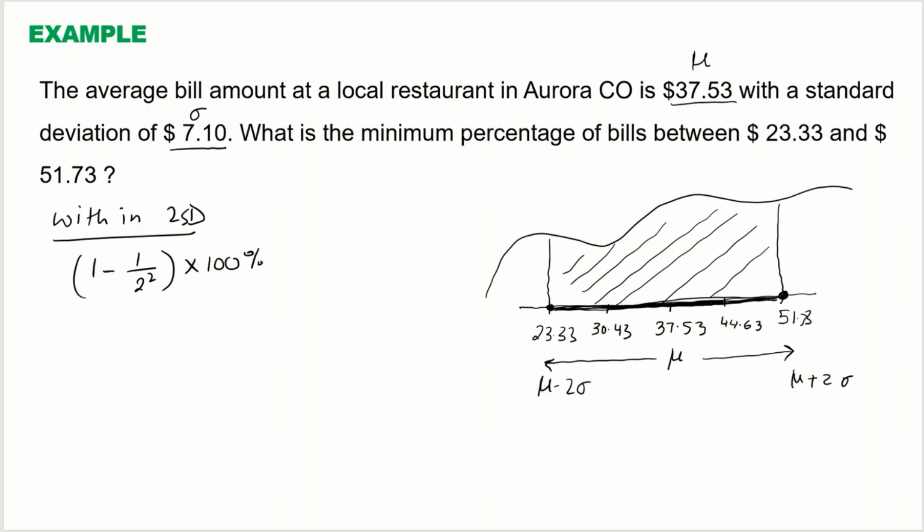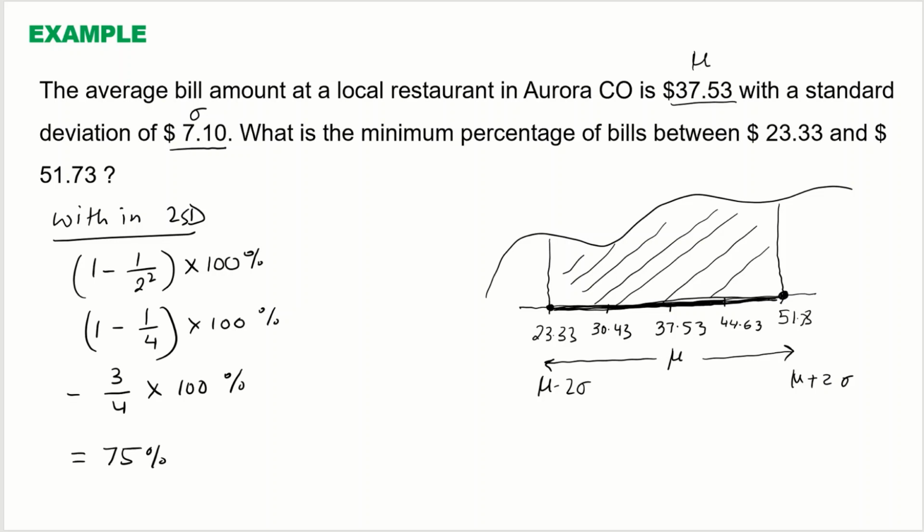So that is equal to 1 minus 1/4 times 100%. 1 minus 1/4 is 3/4. 3/4 of 100%, or 300 divided by 4, which is equal to 75%.